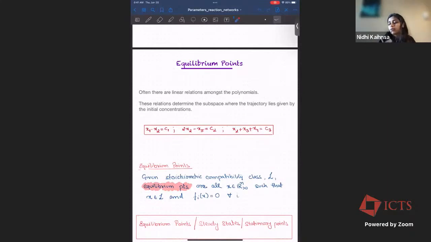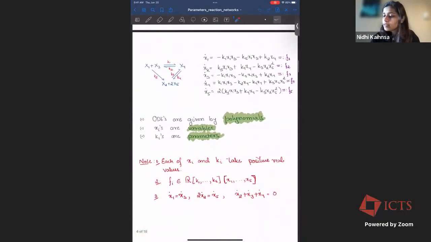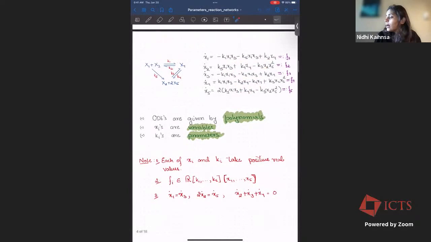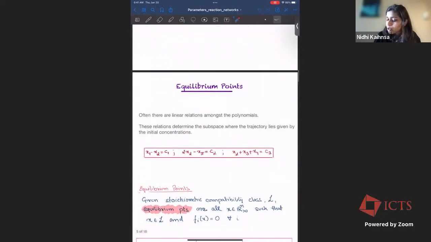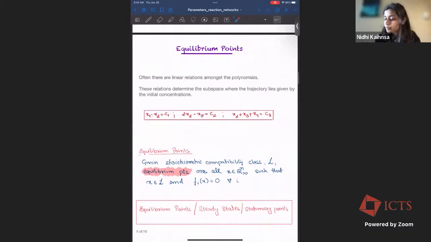Those are my equilibrium points: all x such that all of my fi of x is equal to zero. My fi's were exactly these, all 5 of these polynomials. Going forward, I might change the terminology and sometimes call them steady states or stationary points. They are all equivalent terminologies.